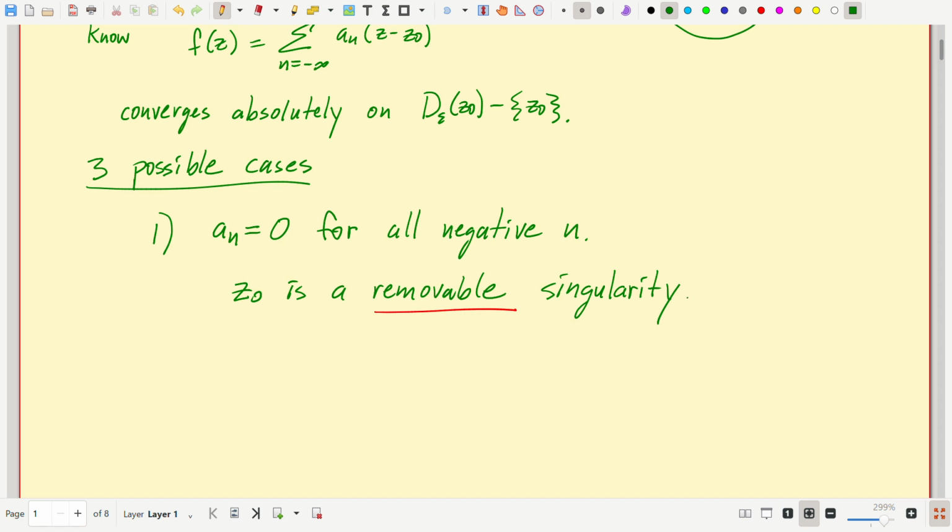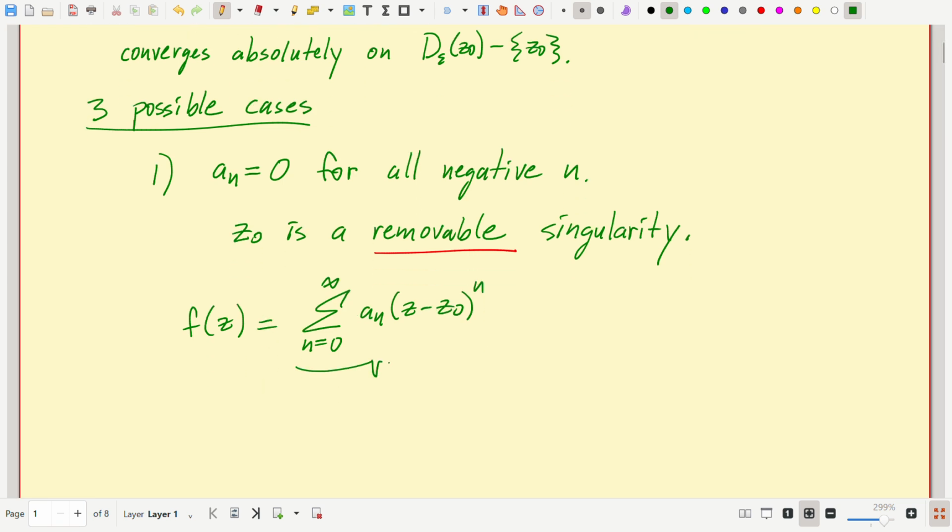Okay, and the reason is f of z is equal to its Laurent expansion, and its Laurent expansion would only have this piece of it. And that piece is just a regular old power series. And we know power series have a radius of convergence. So it has a radius of convergence bigger than something.